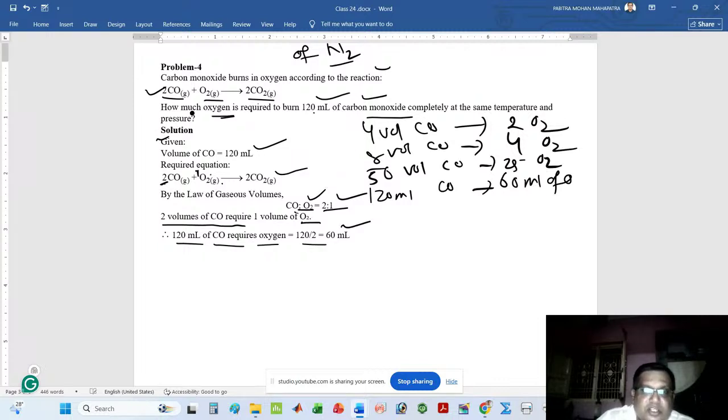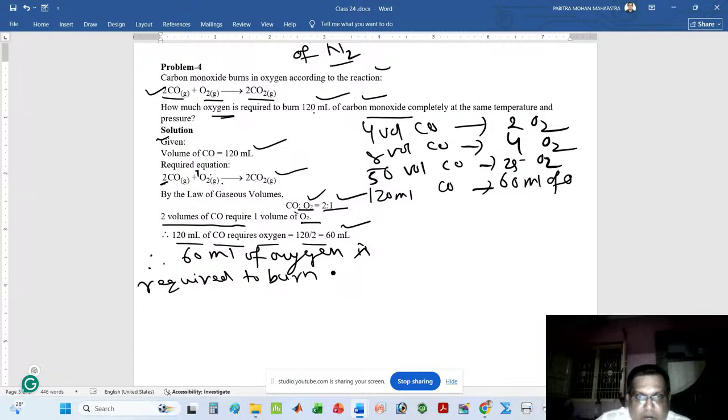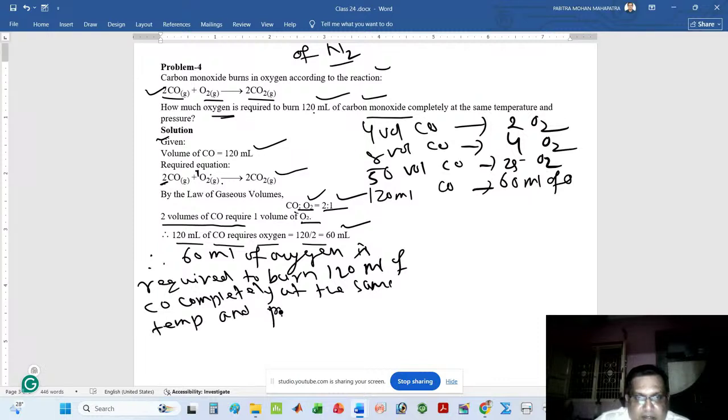How much oxygen is required to burn 120 ml of carbon monoxide completely at the same temperature and pressure? Then you can write 60 ml of oxygen is required to burn 120 ml of carbon monoxide completely at the same temperature and pressure.